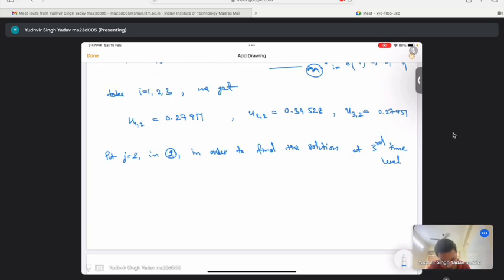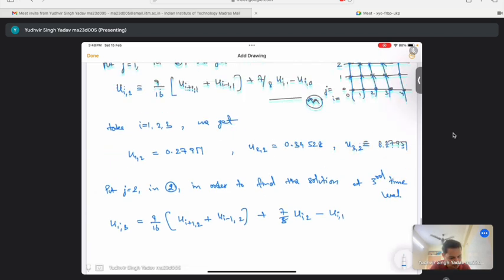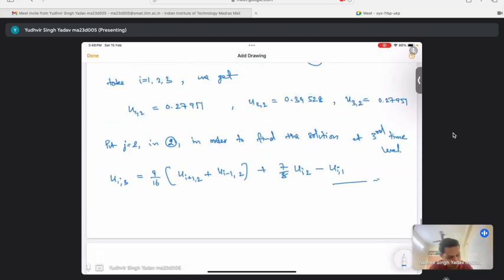So the resulting scheme will be u(i,3) equals 9/16 times (u(i+1,2) + u(i-1,2)) + 7/8 times (u(i,2) - u(i,1)). It is denoted by triple star. So this is the scheme that we need in order to find the solution at the third time level.